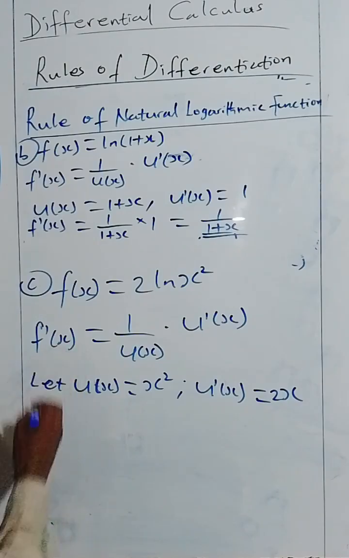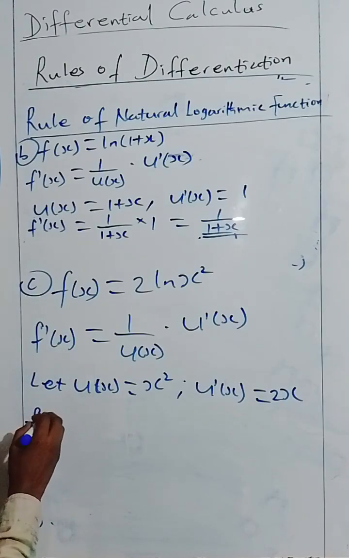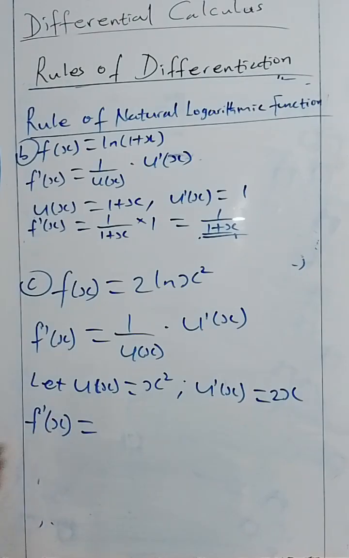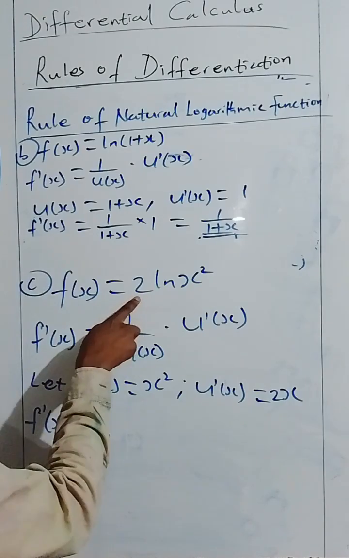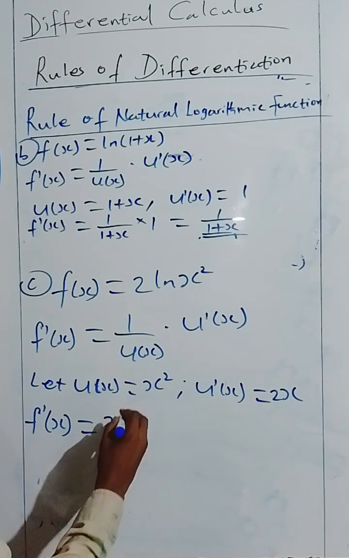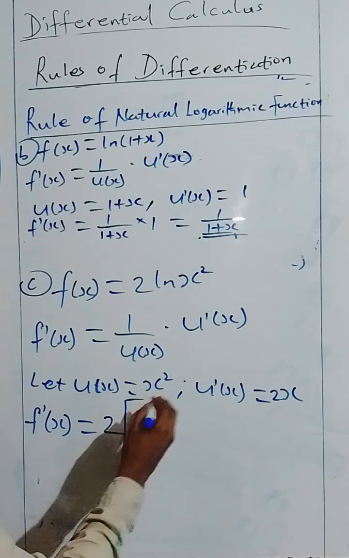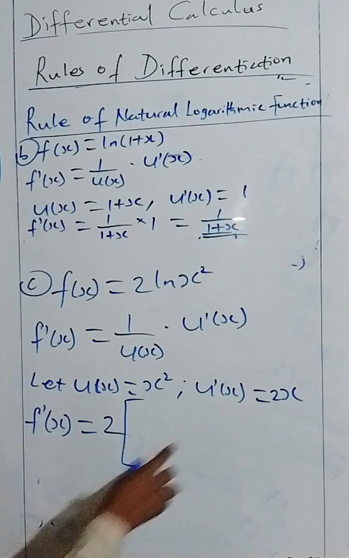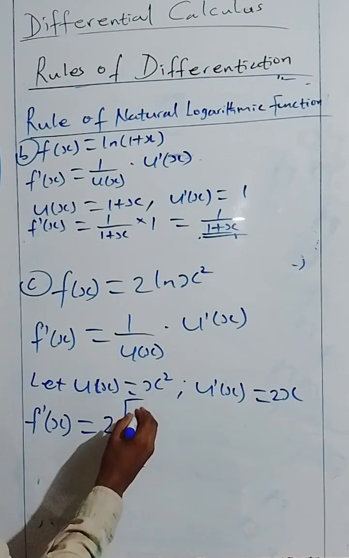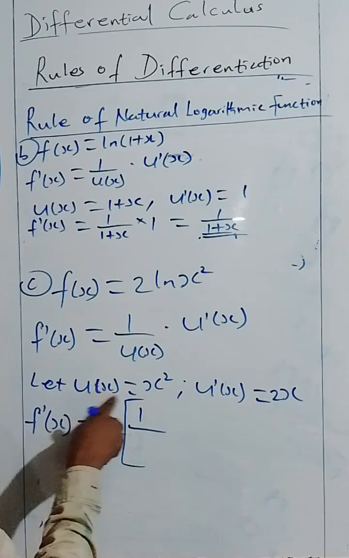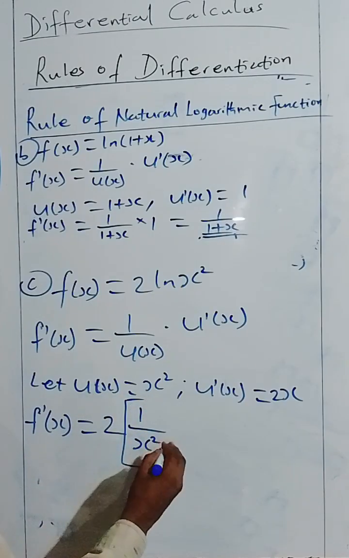So now let's apply that. f prime of x here is, don't forget you have a constant before. This constant, just put it outside. Then deal with the other component of the function itself. We have 1 over u of x, where u of x is x squared.